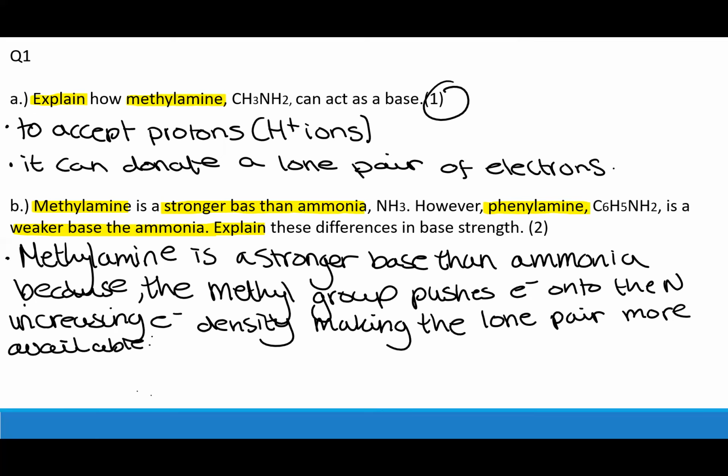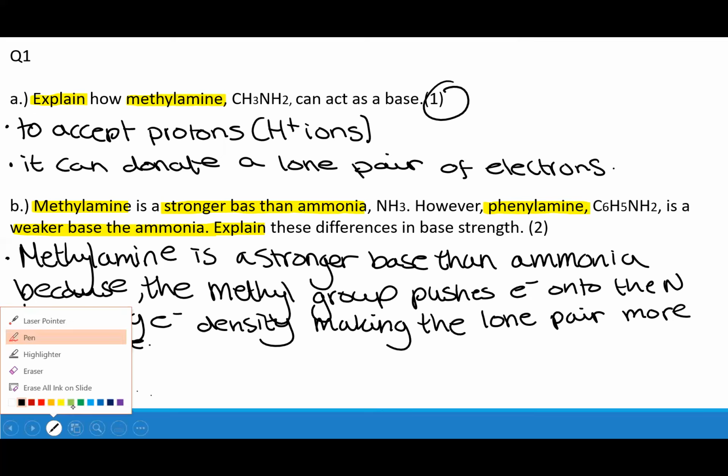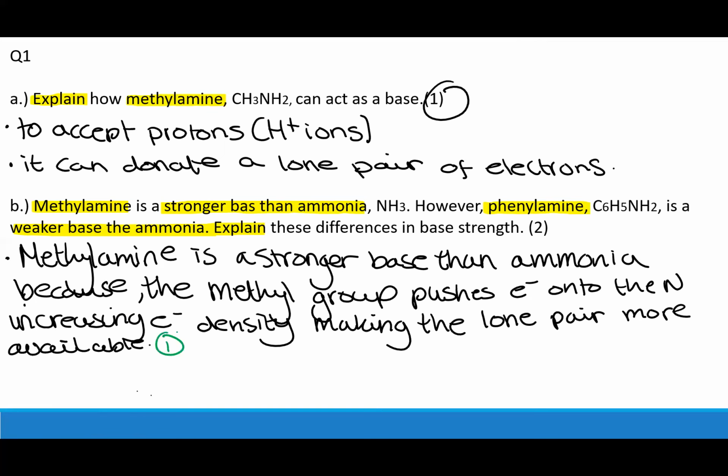That will get you 1 mark because you've answered the first part of the question. Methylamine is a stronger base than ammonia. Explain why. We've done that.